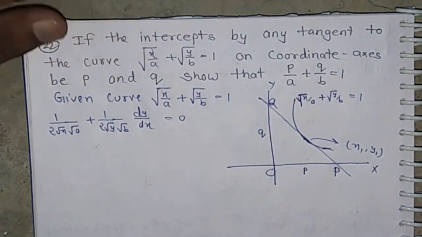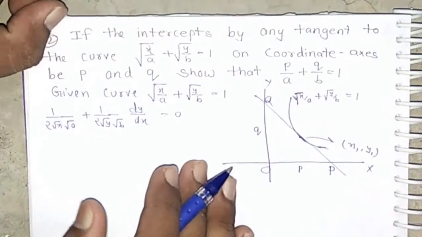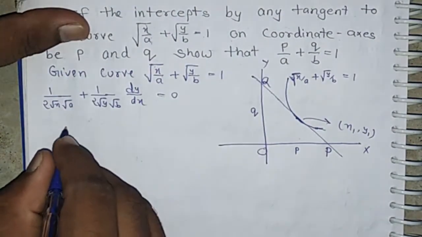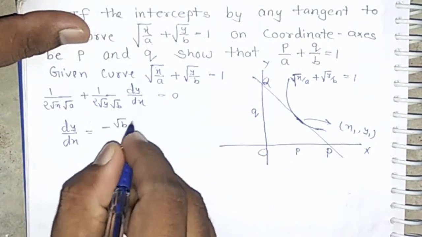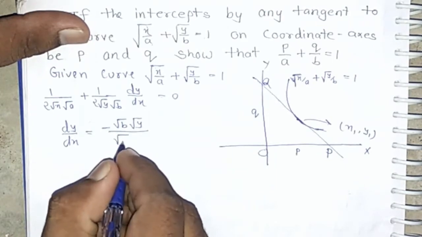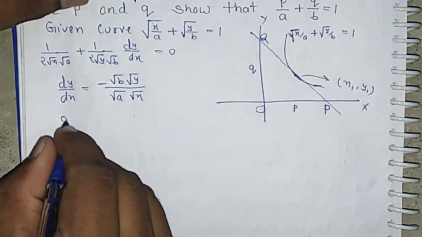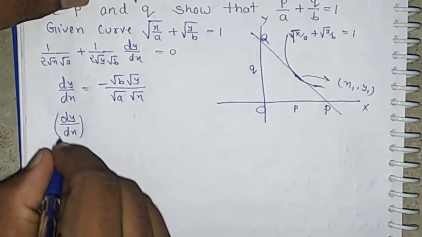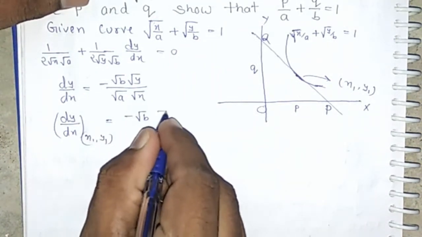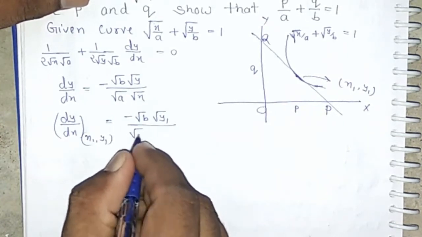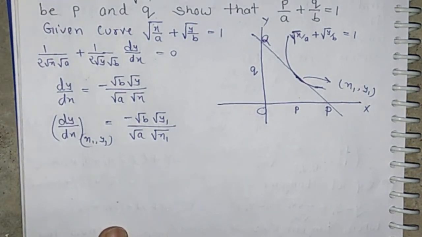Now the value of dy by dx is minus root b root y by root a root x, and at x1, y1 the value of dy by dx is minus root b root y1 by root a root x1.